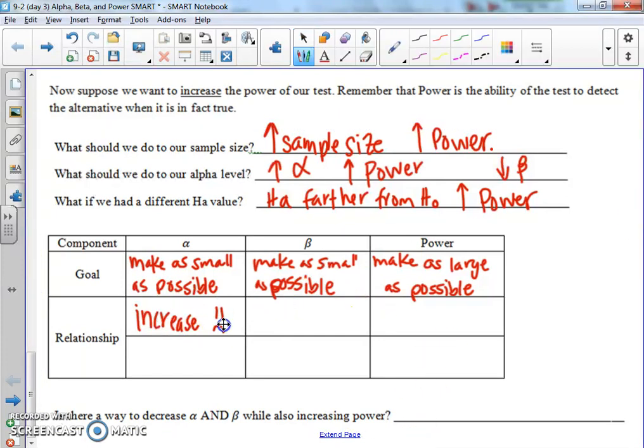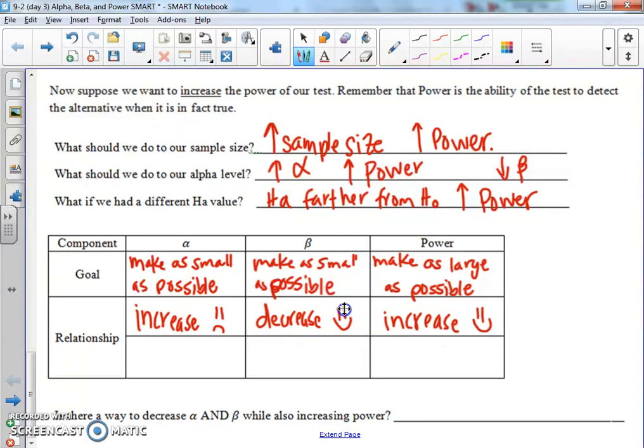If we increase alpha, which is a sad thing because that's increasing the probability of a type 1 error, it will decrease beta. But that's a good thing because it decreases the probability of a type 2 error. And what does it do to power? It increases power, which is also a good thing.